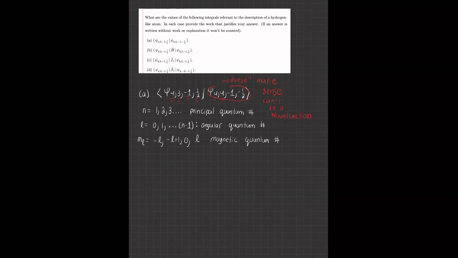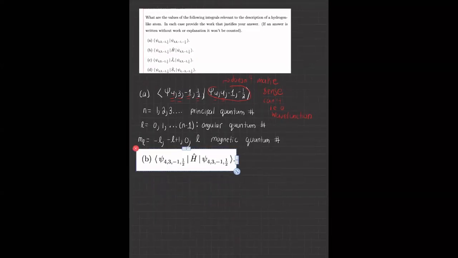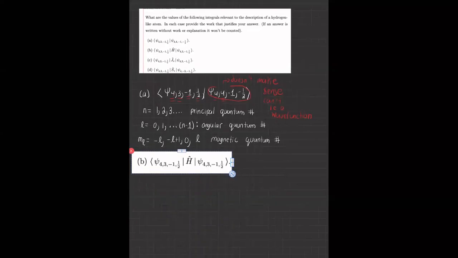Okay, let's go to B. This time I'm going to copy this. Looking at this question, we see that these follow the rules. These have half-integer spins for the electron, m doesn't go over L, and L doesn't go over n.